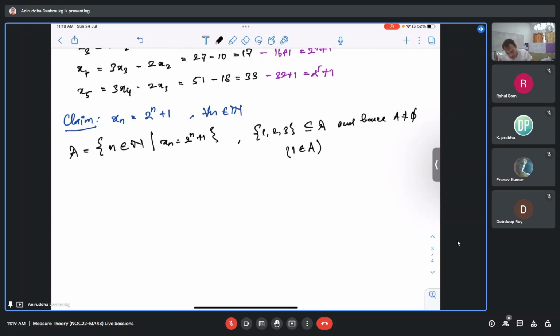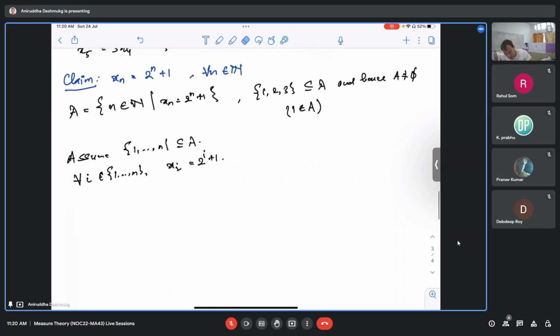Now let us assume that the first n terms are inside A. Assume that 1 up to n is a subset of A. What does this mean? This means for every i in this set 1 to n, xi can be written as 2 to the power i plus 1. That I already know. Now I want to move to the next step.